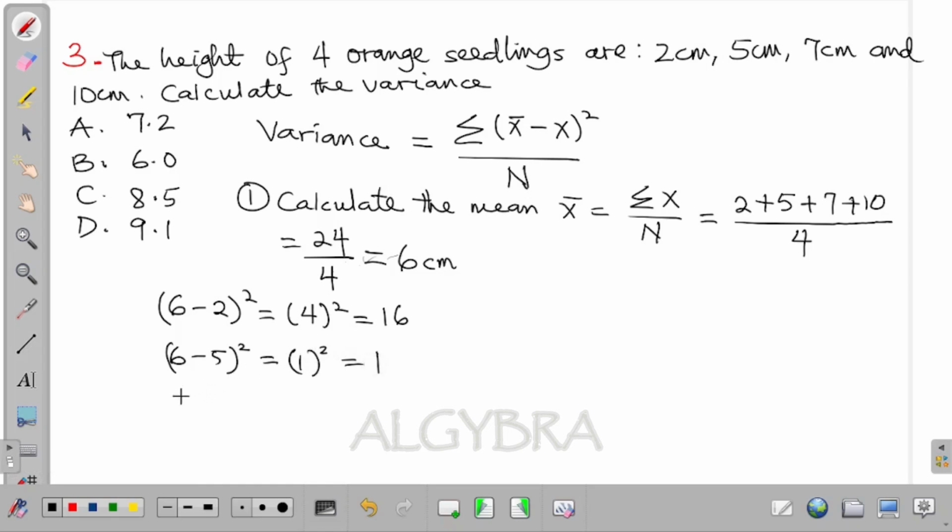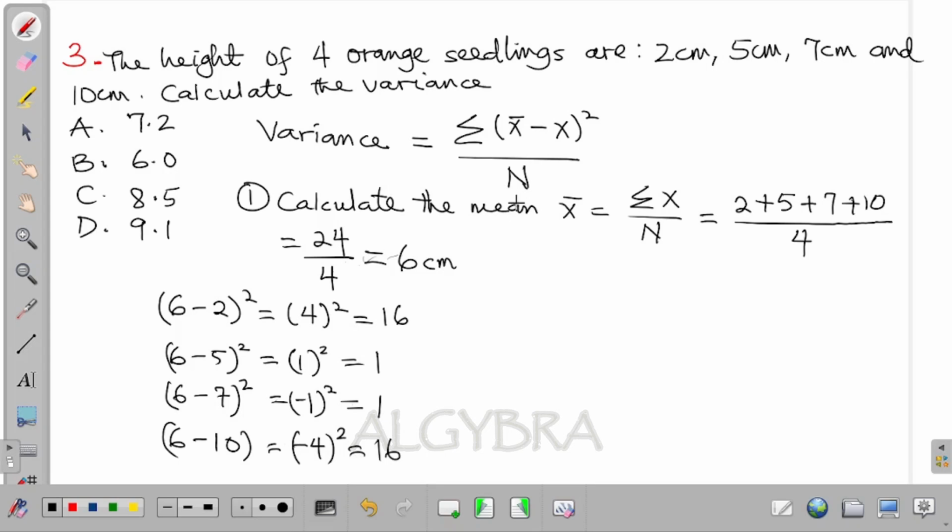The next one is 6 minus 7 all squared. 6 minus 7 is equal to negative 1, all squared, and negative 1 squared is also equal to 1, because the square of any negative number is still a positive number. The last is 6 minus 10. So 6 minus 10 is equal to negative 4. Similarly, negative 4 squared is equal to 16.